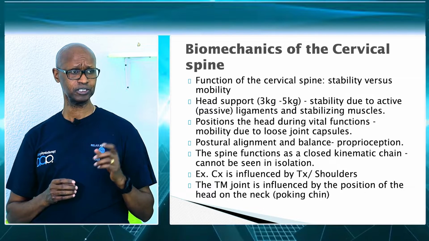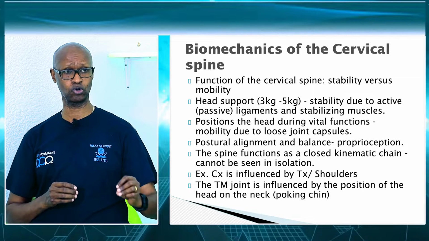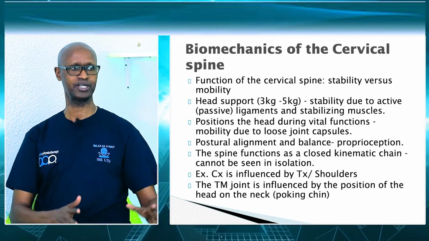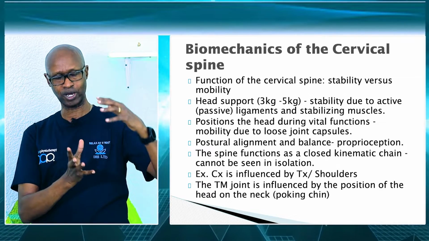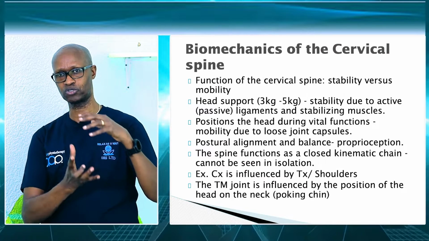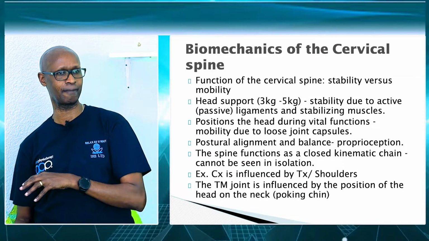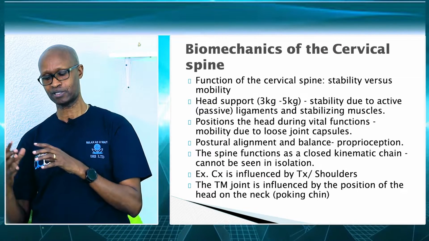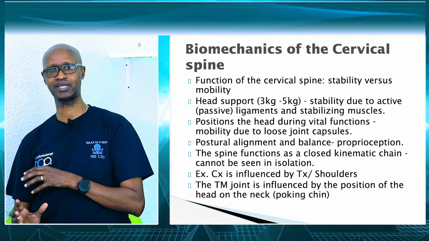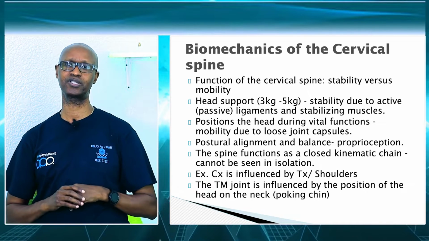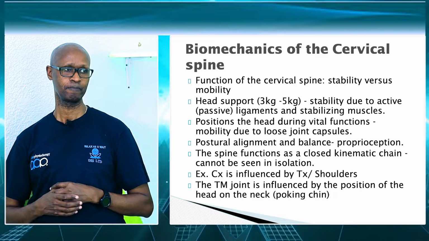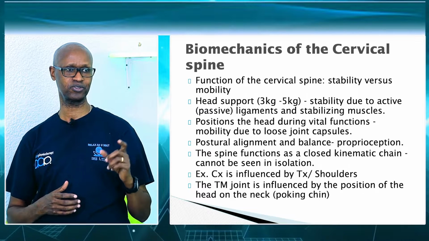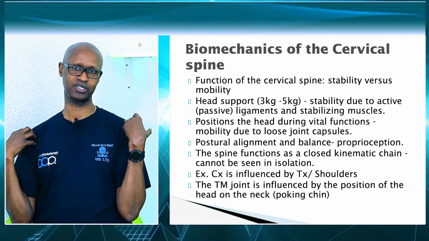The spine functions as a closed kinematic chain, as I was saying. You cannot just consider the cervical, you need to consider the thoracic and also the lumbar. A deformity can start at the lumbar and later on affect the cervical. For example, the cervical is influenced by the thoracic and also the shoulders.